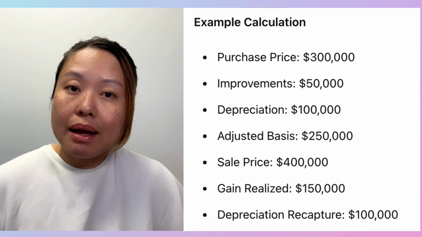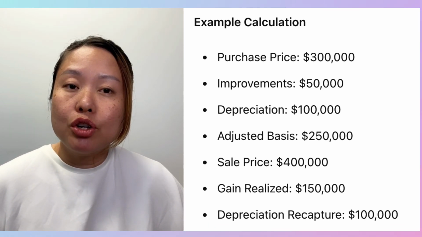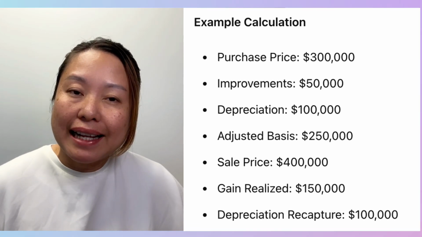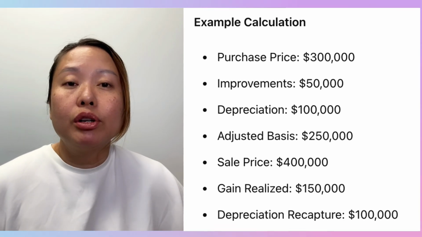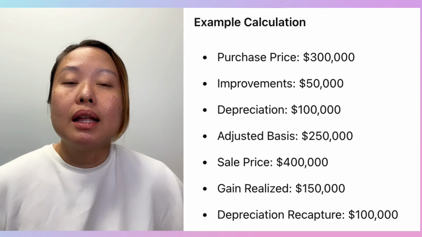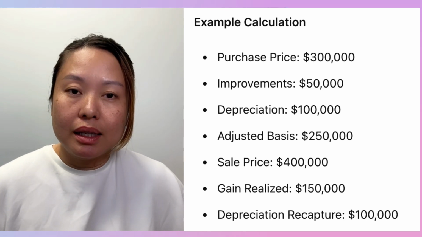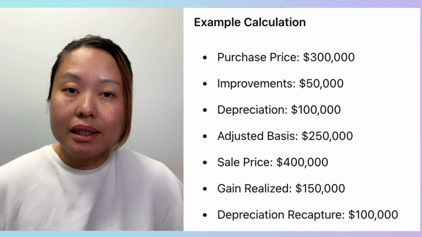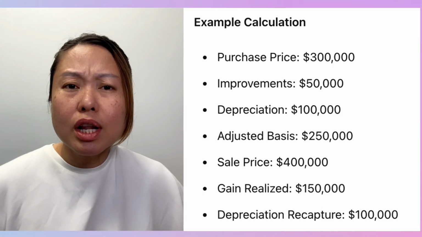So in this example, the depreciation recapture amount is 100K, which is taxed higher than the remaining 50K of the capital gains. So right now, the depreciation recapture rate is your ordinary income tax rate, up to 25%. So it's not counted at the capital gain tax rate that is usually a little bit lower, right?